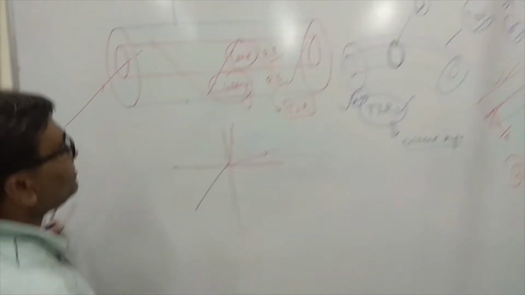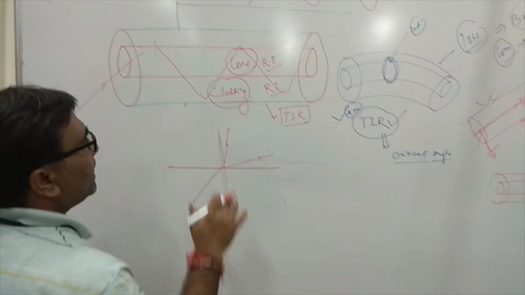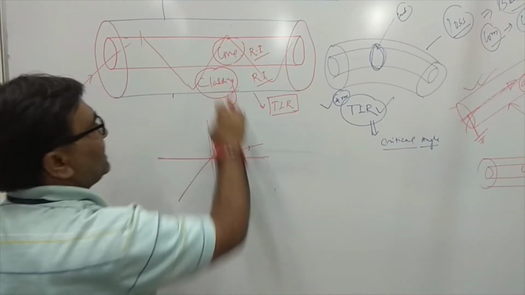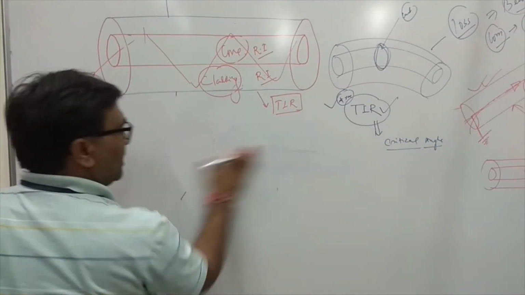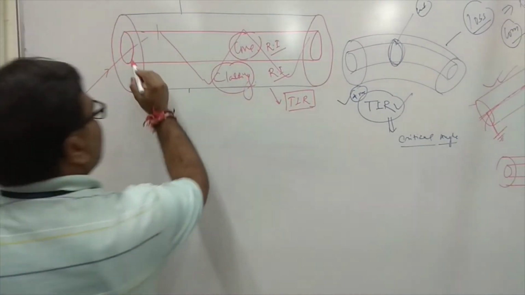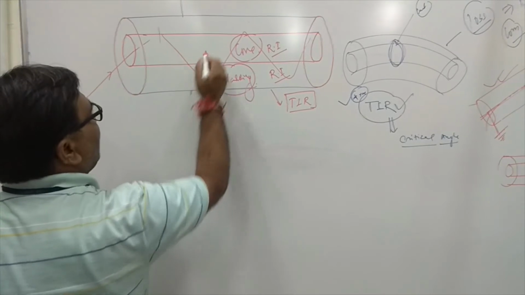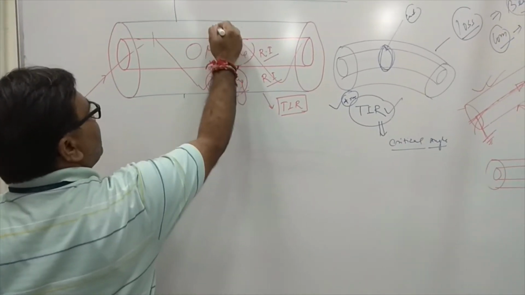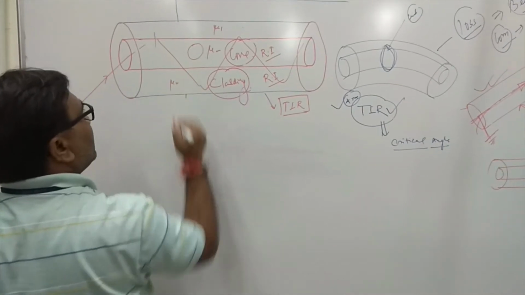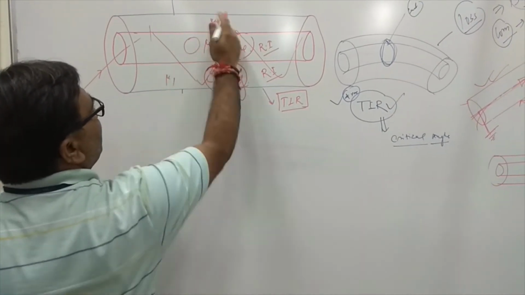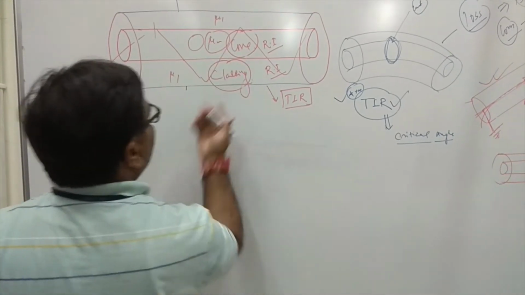Now, how can we remember whether the cladding refractive index is greater than the core, or the core refractive index is greater than the cladding? This is really a confusion for everyone, right? Let us assume that the cladding is mu1 and the core is mu2.